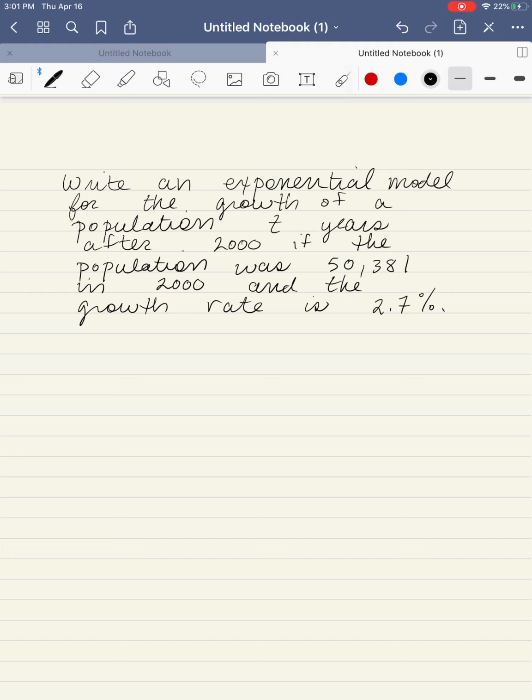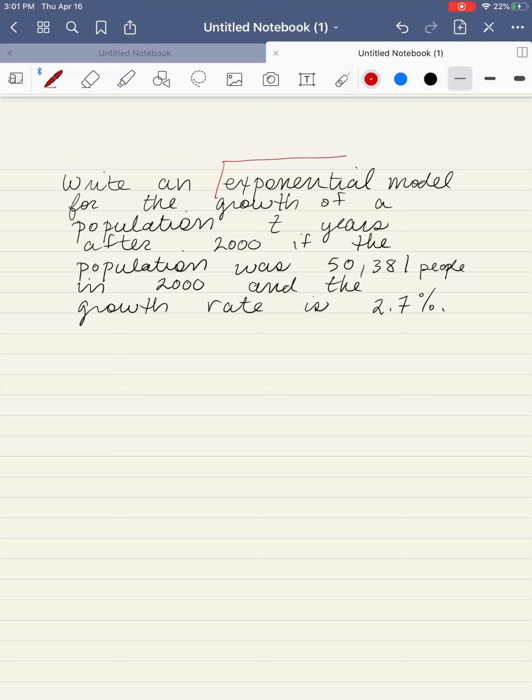All right, write an exponential model for the growth of a population T years after 2000, if the population was 50,381 people, I guess we need units on here, in 2000, and the growth rate is 2.7%.